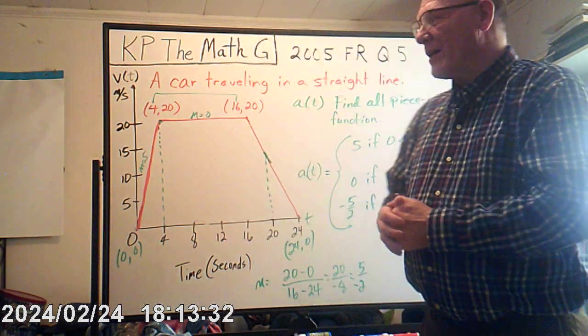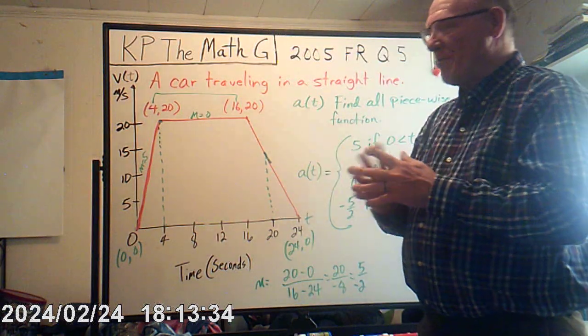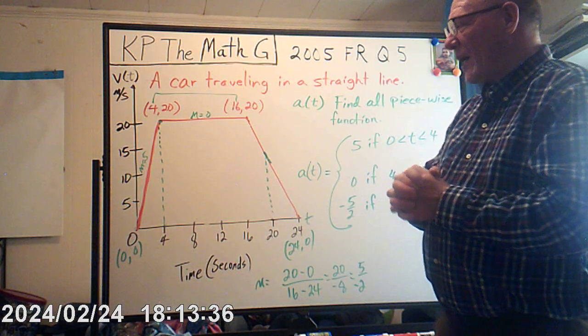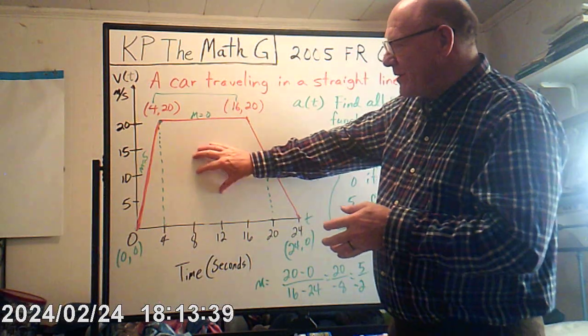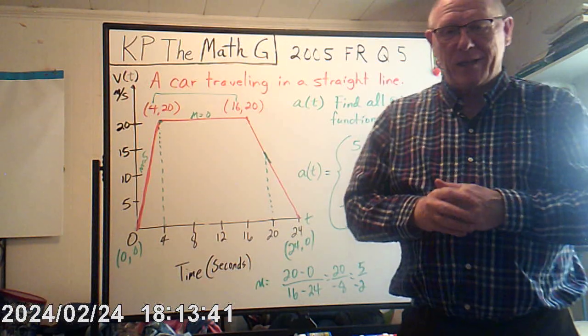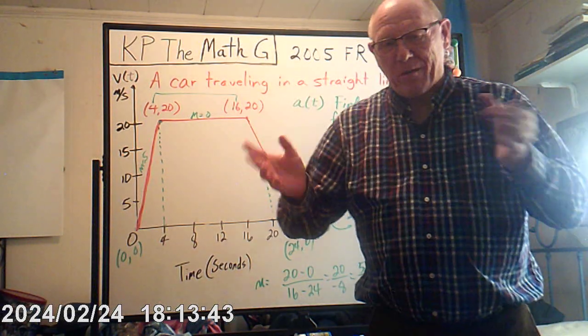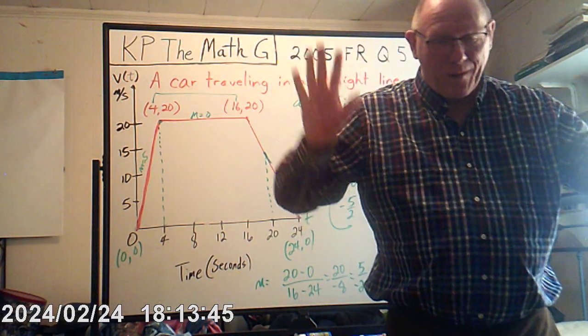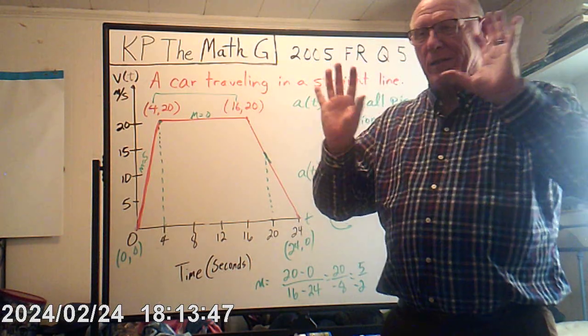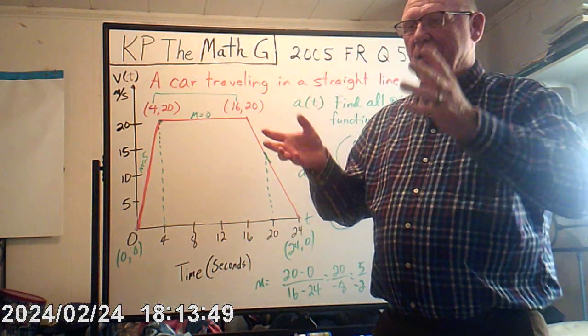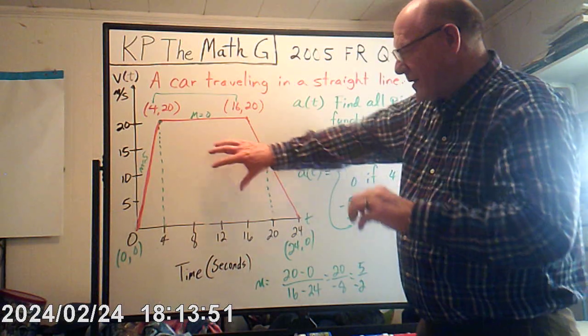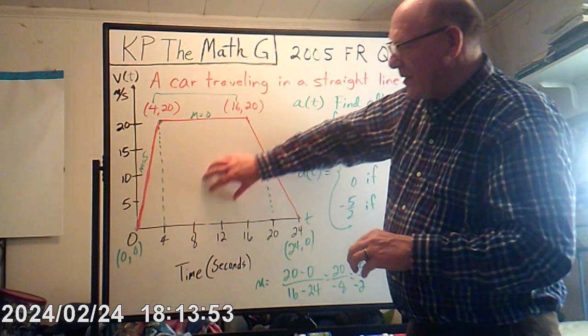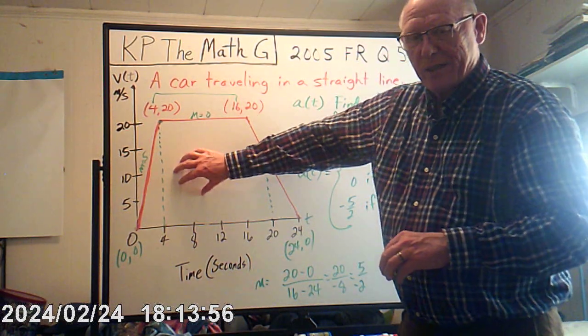Again, this is KP the Math G. I hope this has benefited you very much. Remember that in part A we found the definite integral of b at t, that's this area here, and we did a trapezoid area for it.